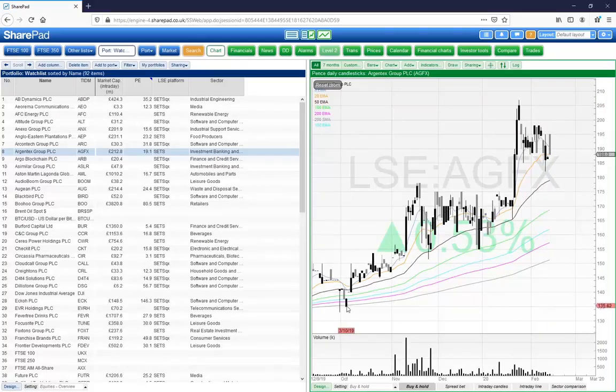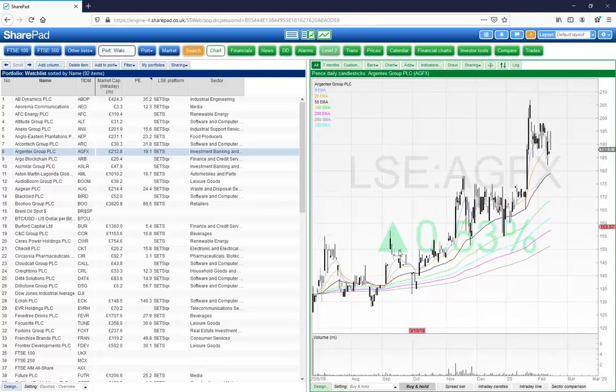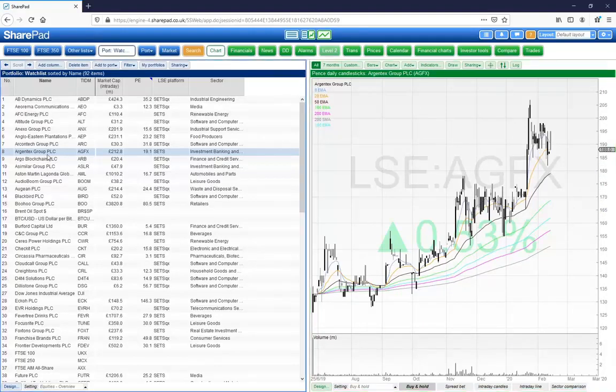Alternatively, if it breaks down through the 200, so we can see it's been support there, I would class that as a support line. If we did want to trade it short, we could hit the bid and go short. SETS is a pretty good platform to trade, I think.